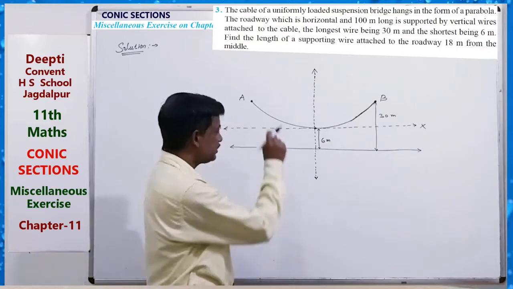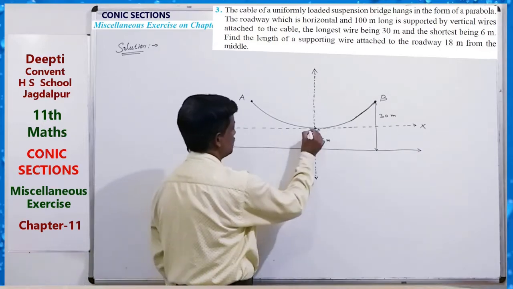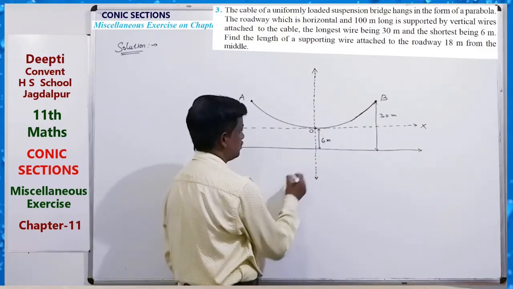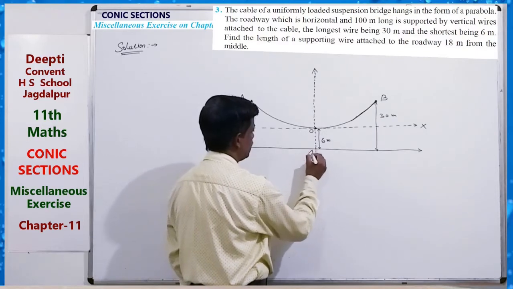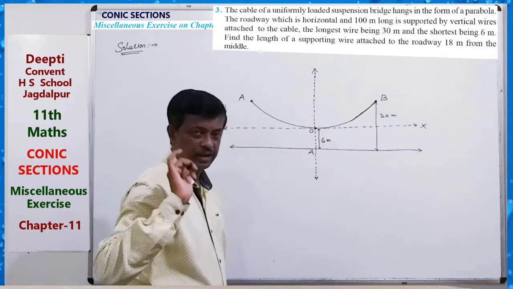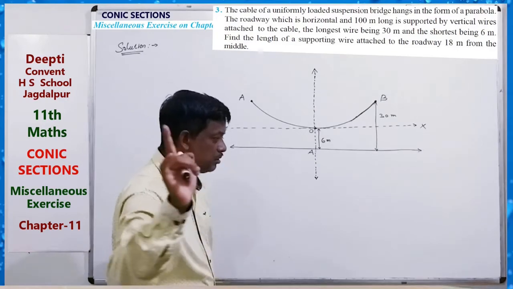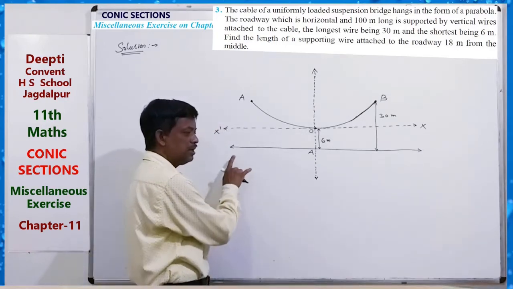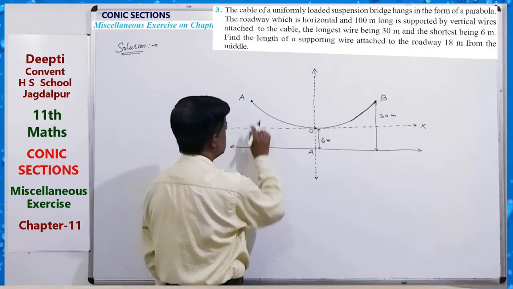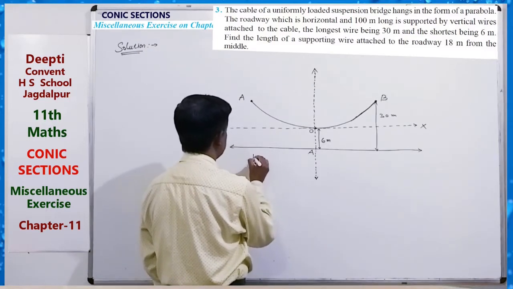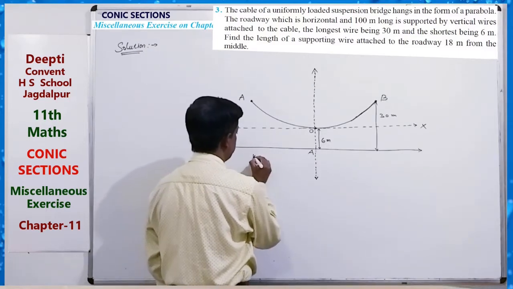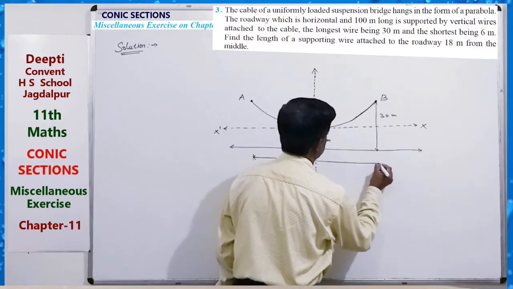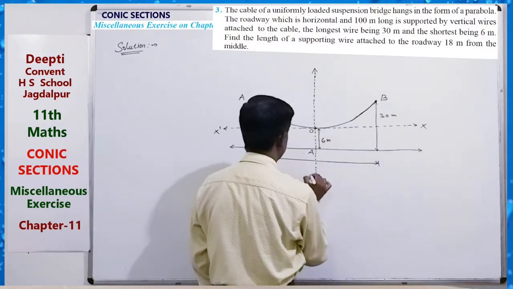Now suppose this is O, this is A. Here we also have the roadway, horizontal 100 meter long, meaning from here to here is 100 meters.